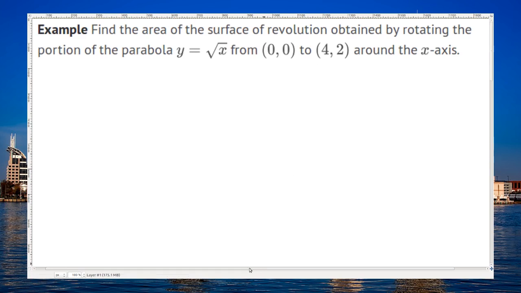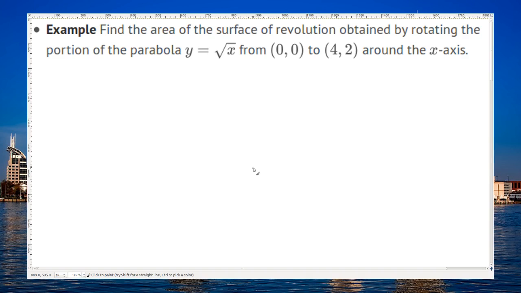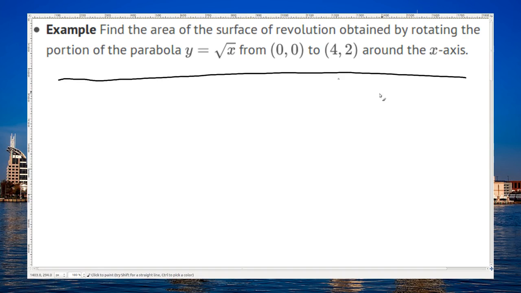All right. Find the area of the surface of revolution obtained by rotating a portion of a parabola around the x-axis. All right, so let's see here. I can draw this picture. I'm not sure how much it'll help, but if I wanted to draw the picture, I could.